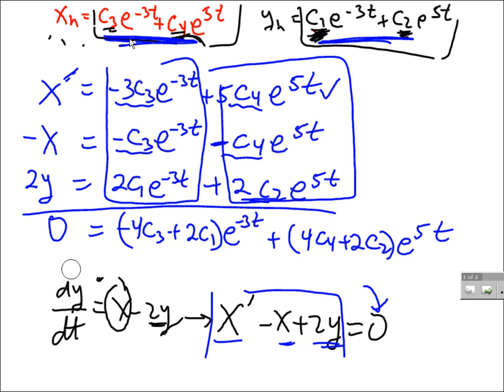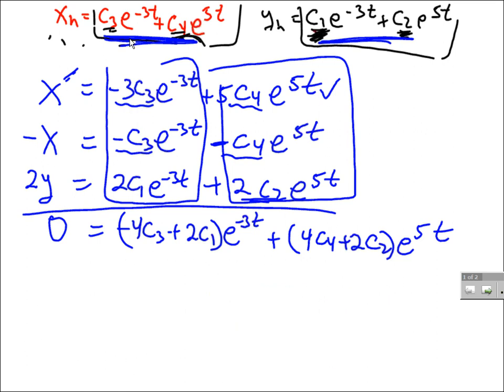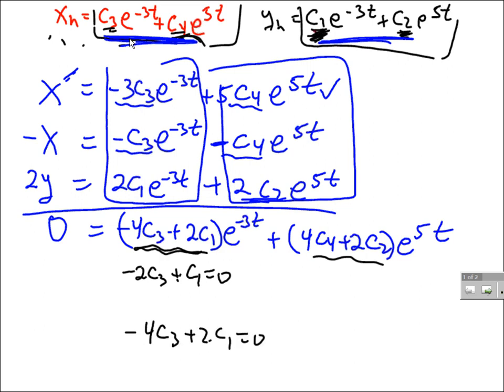How to get this to be 0 is just let these be 0. So let those be 0s, we're okay. Since I can divide each by 2, I'll say negative 2 c3s plus c1 is 0. And after all, if you just wrote this, I can divide every term by 2, and I get that one.